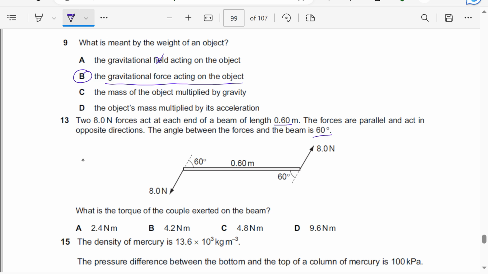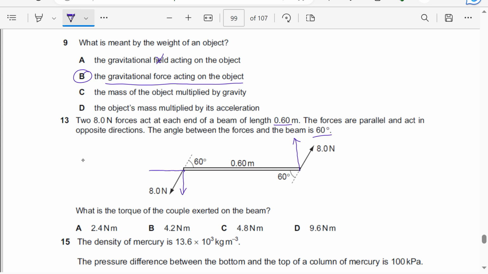Remember, the torque of the couple is the product of one of the forces and the perpendicular distance between the two forces. So to easily find the perpendicular distance between these two forces, remember the forces must be making 90 degrees with the line joining them. So I'm going to resolve this perpendicularly, and I also resolve this perpendicularly.